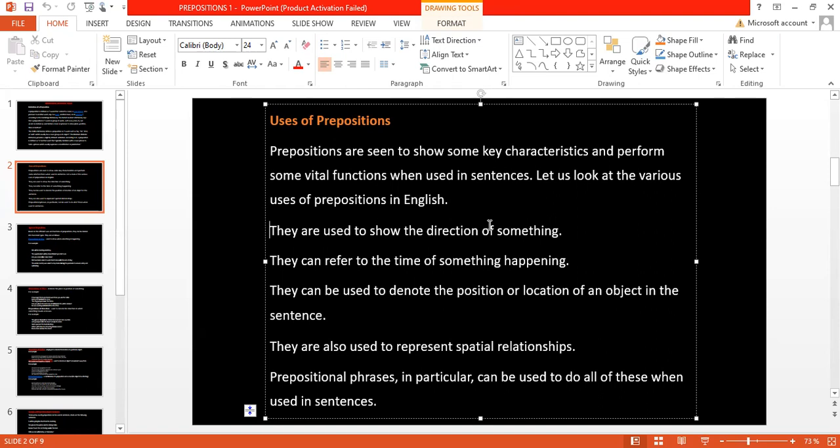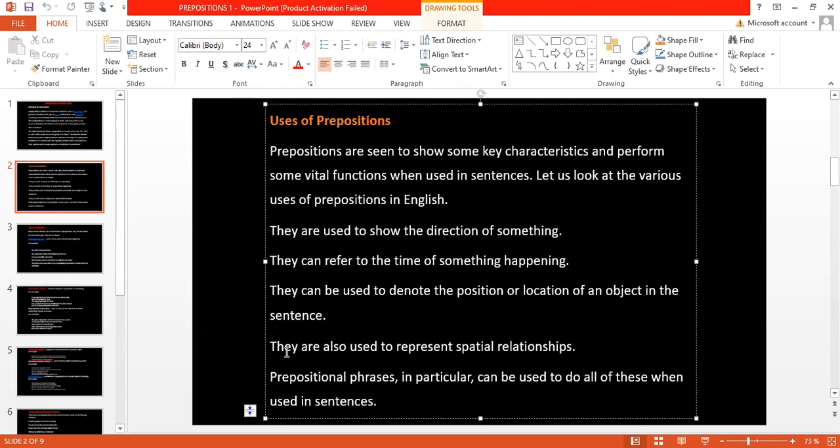So we have direction, we have time. They can be used to denote the position or location of an object in the sentence, all right?